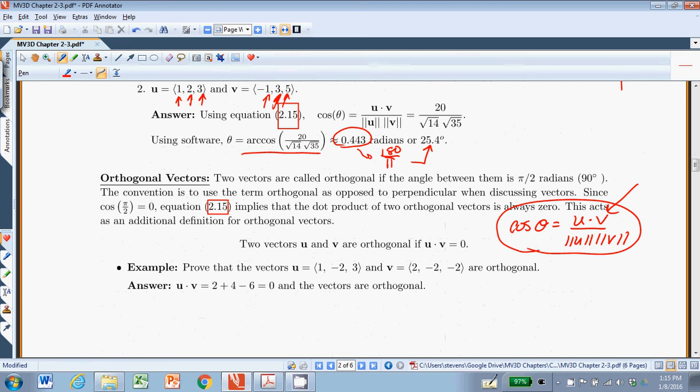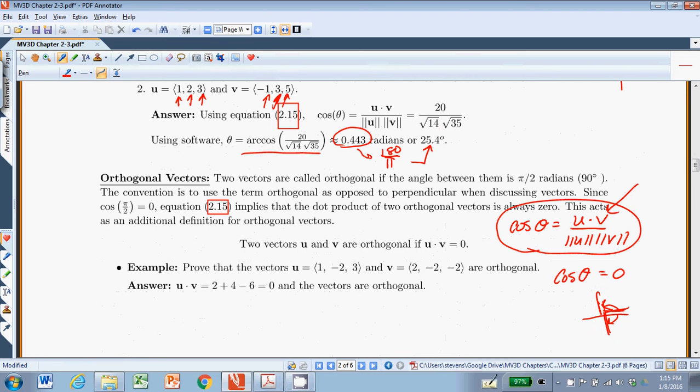And if the cosine of theta equals 0, then that means the angle between the two vectors is either pi over 2 or negative pi over 2. But in any case, they're orthogonal vectors, right?